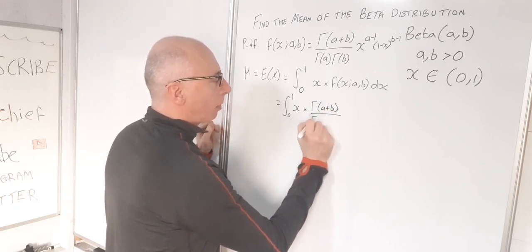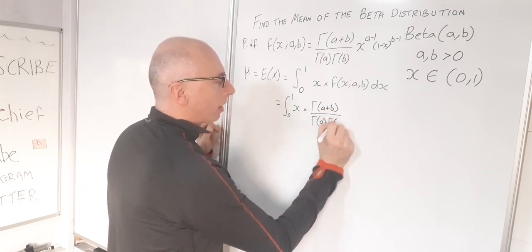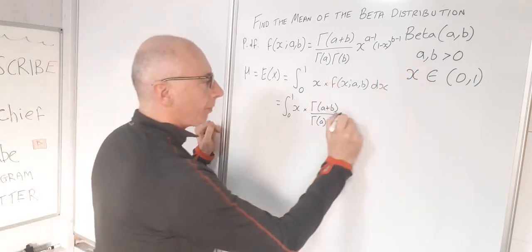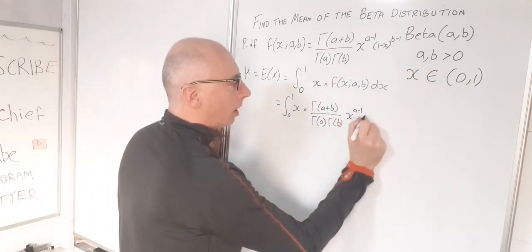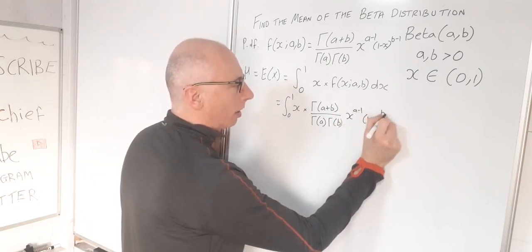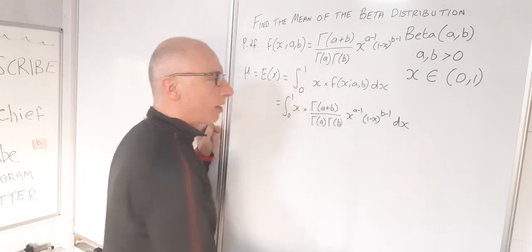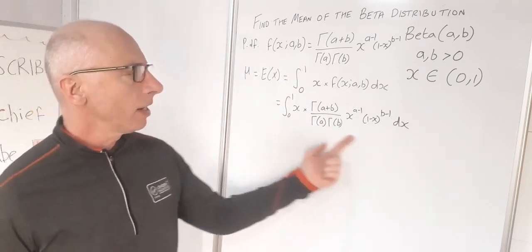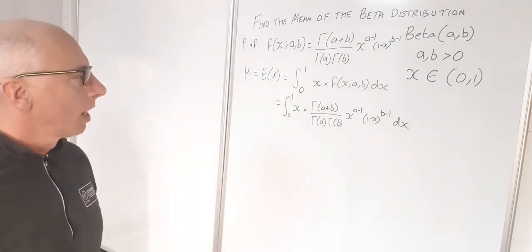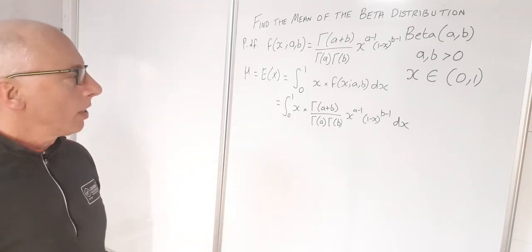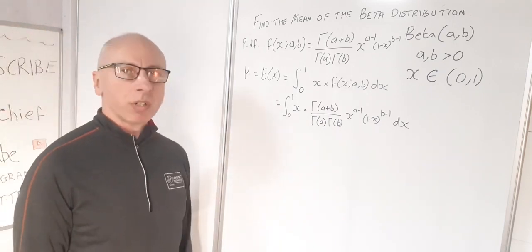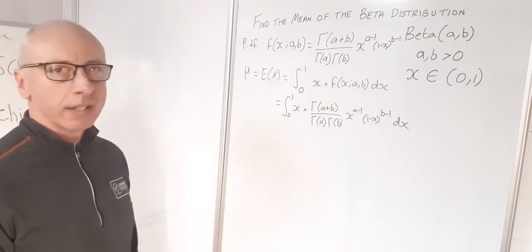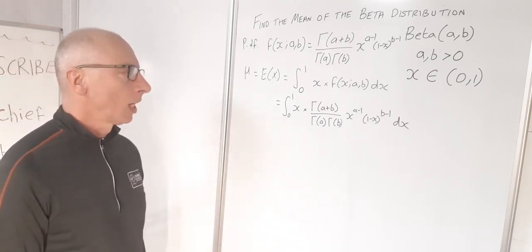So gamma(a + b), gamma(a), gamma(b), and then this polynomial, and all with regards to x. Okay, so this looks a really complicated integrand. Very unlikely we could deal with this with elementary methods of integration, so we're going to have to call on some of our identities as we go along here.